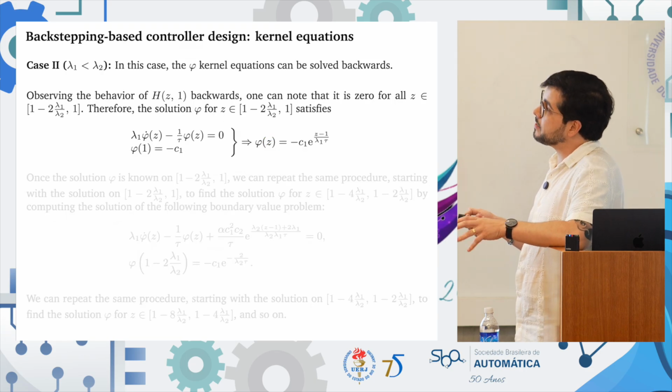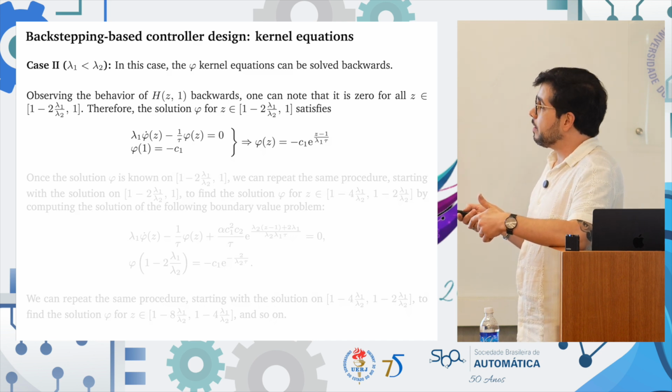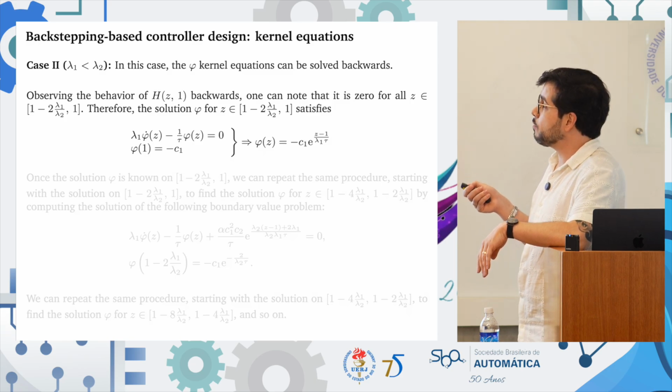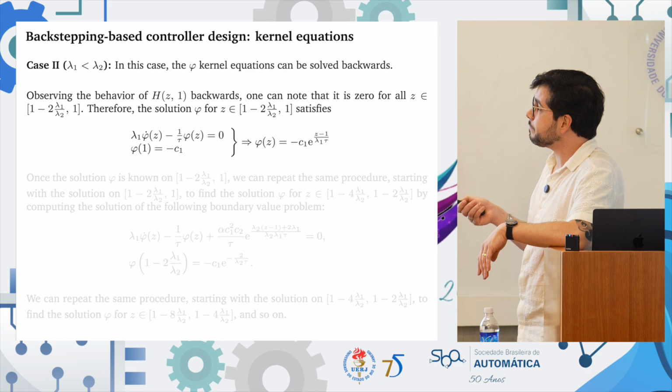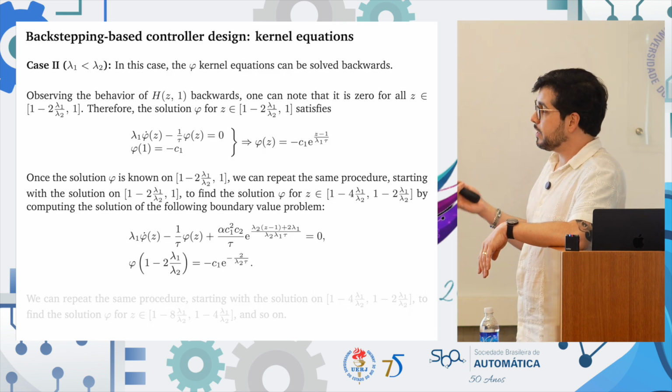If this is not the case, then we have to solve the problem iteratively. If lambda 1 is strictly smaller than lambda 2, then we have to solve phi backwards, which means we analyze the interval where H is equal to 0, which will be this interval here. So the ODE of phi doesn't depend on H because it is equal to 0. Then we can solve it in this interval, get the solution, and move to the next interval.